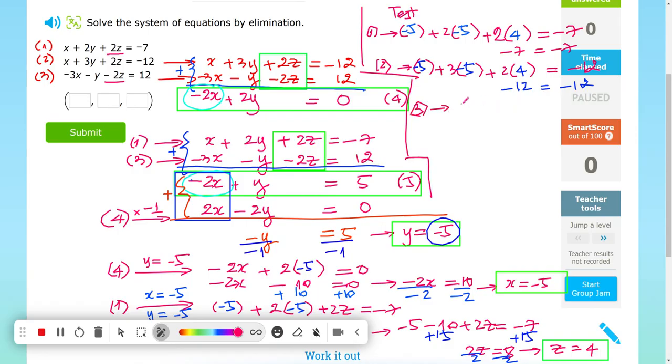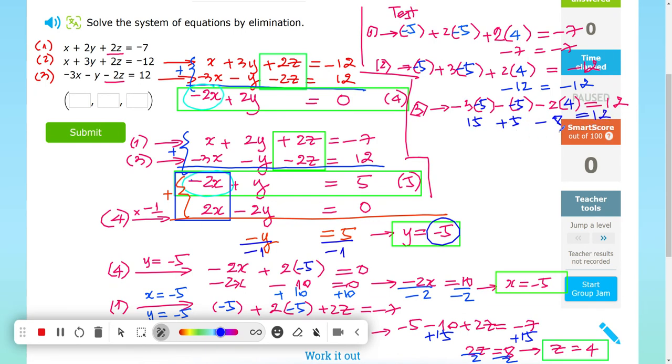So I come out with negative 3x subtract y subtract 2z equals 12. So substitute x equals negative 5, y negative 5, and then z equals 4. So let's do this. I count this one 15, this one 5, and then subtract 8 equals 12.